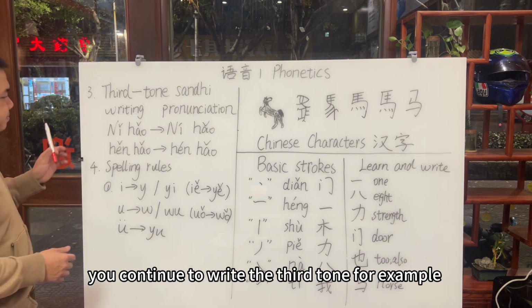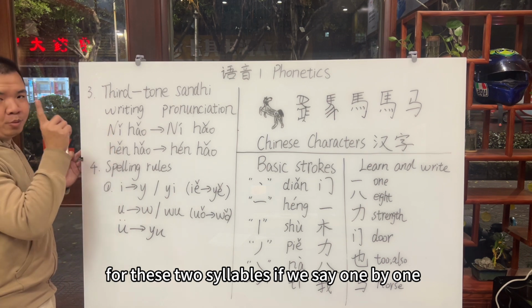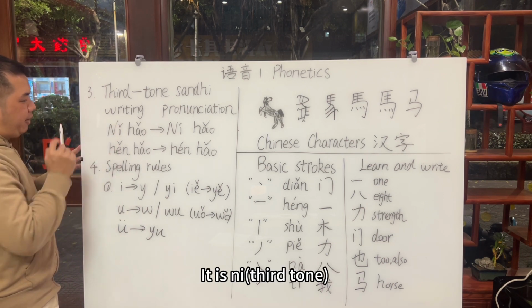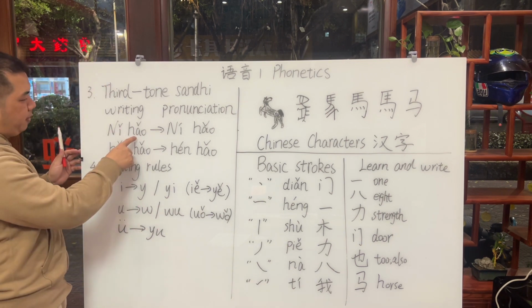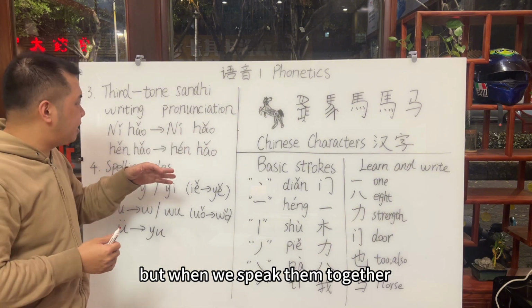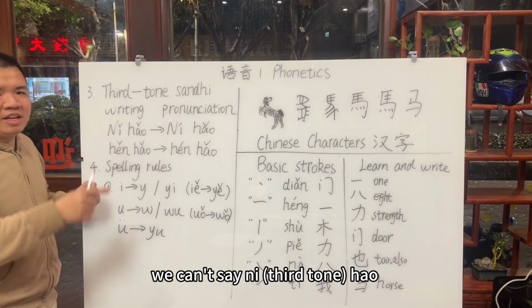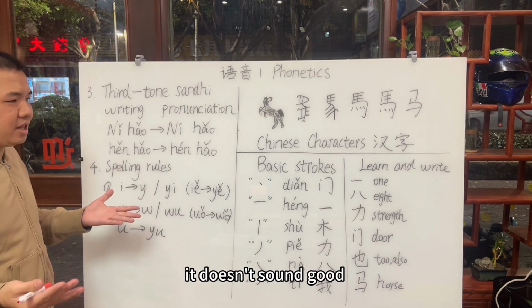For example, for these two syllables, if we say one by one, it's ni, or hao. But when we speak them together, we can say ni hao. It doesn't sound good.